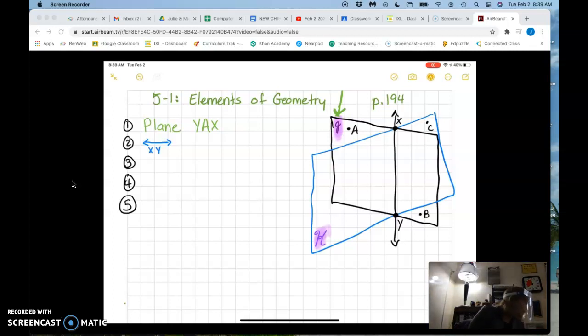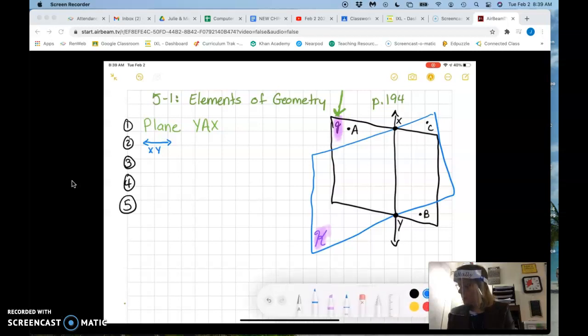Number 3. How many lines do points A and B determine? So if I were to connect points A and B, how many lines would that make? 2?